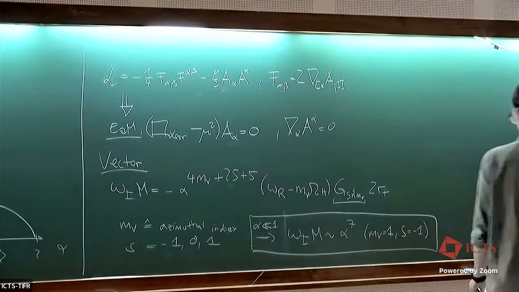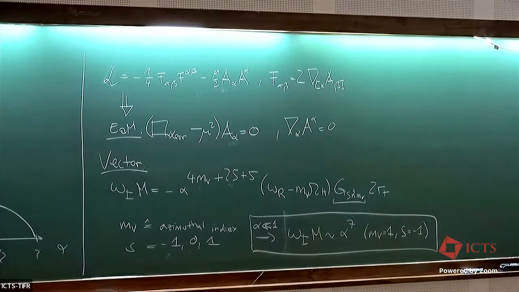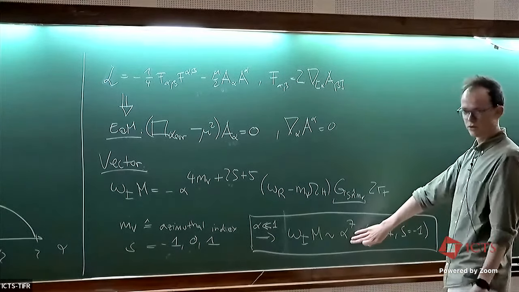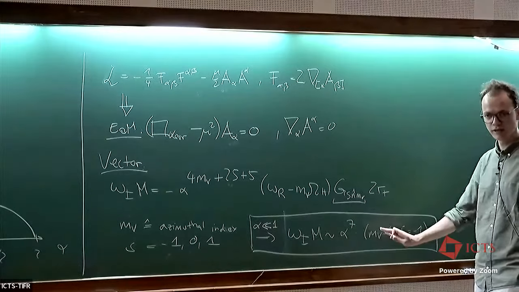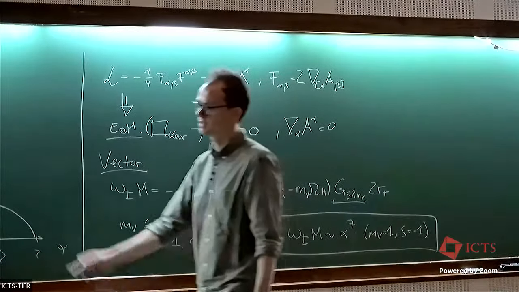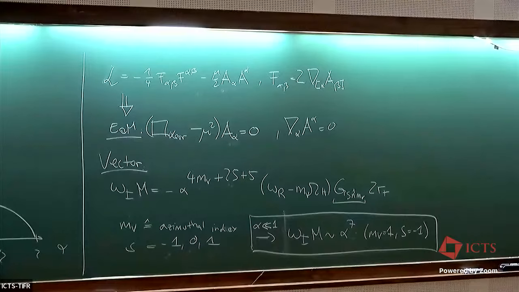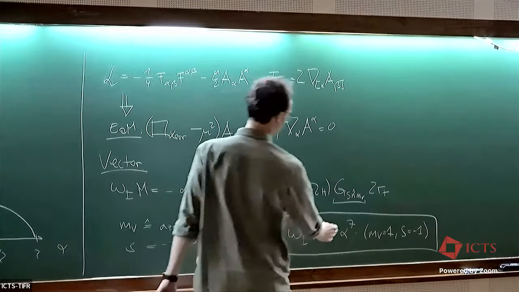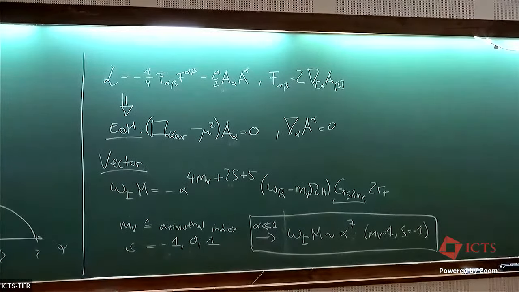And then of course there are a bunch of numerical values here plus the spin dependence, but the spin dependence is basically the same as in the scalar case, and the numerical values are slightly different. But crucially, the power here is alpha to the 7 as opposed to alpha to the 9 over here.